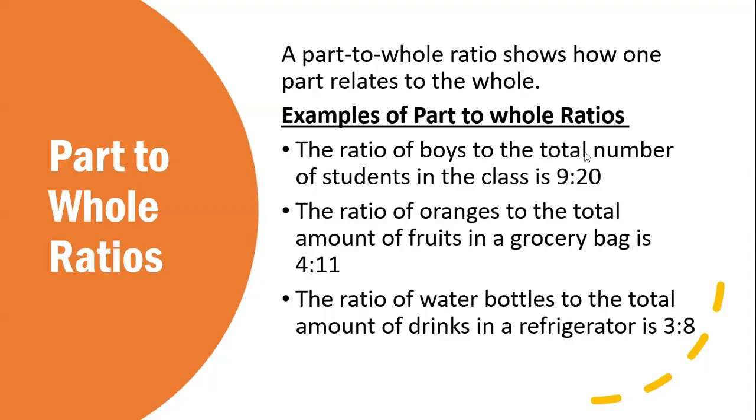If the ratio of boys to the total number of students in the class is 9 to 20, and we assume that these are actual numbers for the students in the class, what would be the ratio of girls to the total number of students in the class? Remember now, the ratio of boys to total is 9 to 20. So what would be the ratio of girls to total? 11 to 20. Very good, 11 to 20. Why? How did y'all get it? Why do y'all think that's the answer?